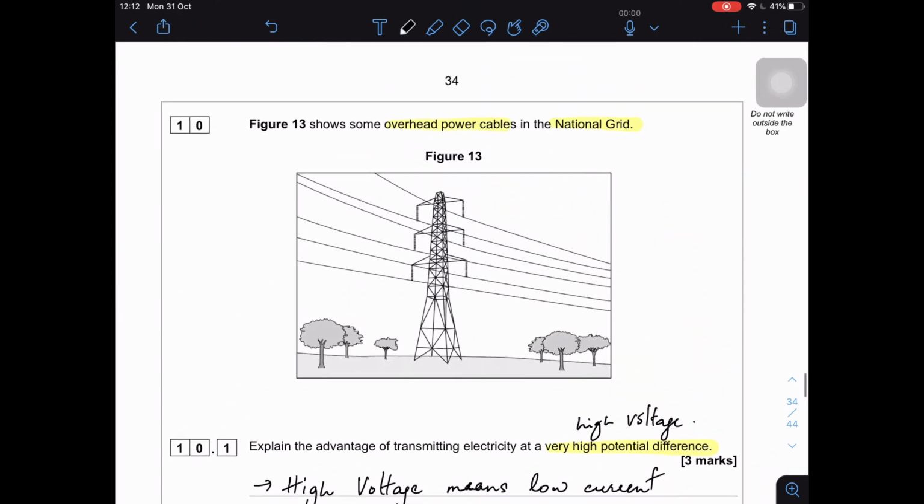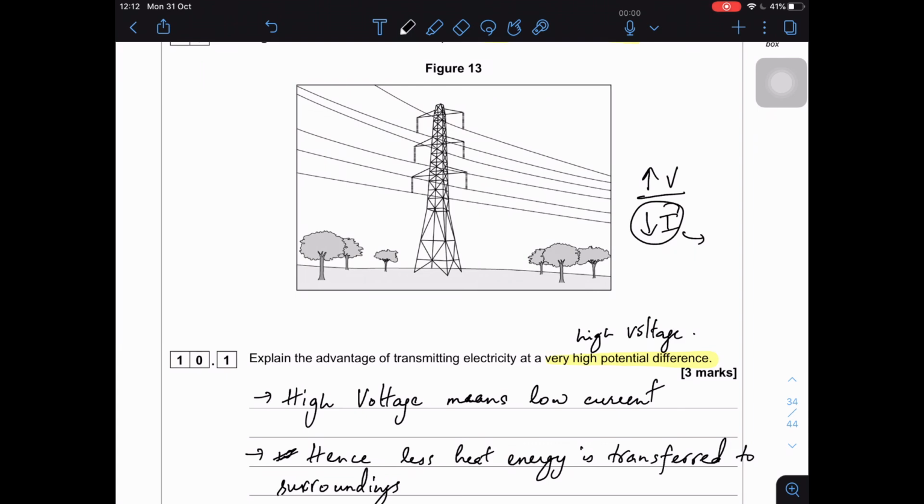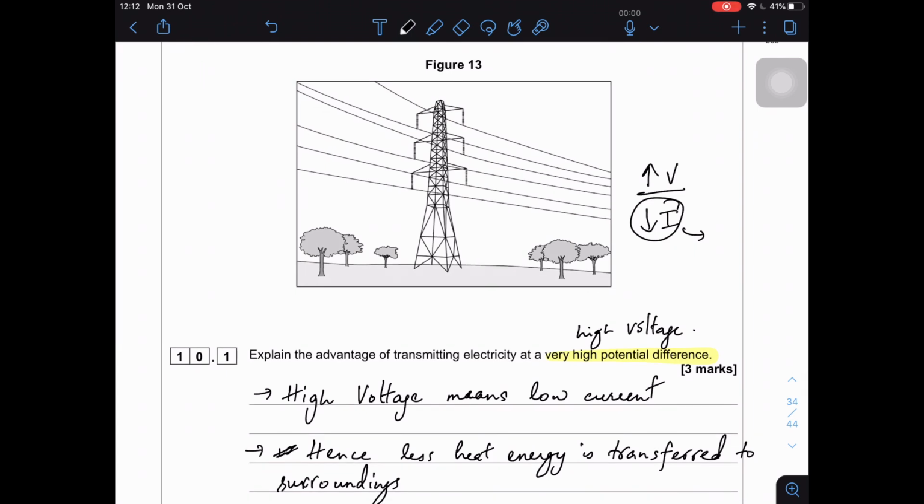All right, what does this mean? It means that when you increase the voltage, high voltage, it has low current. When you increase the voltage, the current will decrease. That means low current means that you don't have much of the heat energy produced.